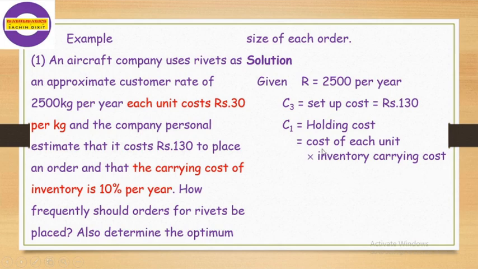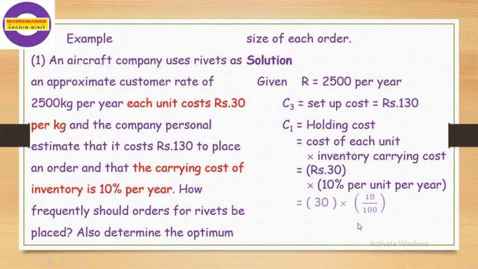Here, cost of each unit is rupees 30 per kg and inventory carrying cost is 10% per year. So C1 equals 30 multiplied by 10 divided by 100, which is rupees 3. That means C1 is rupees 3, C3 is rupees 130 and R is 2500. Now we know these three values.